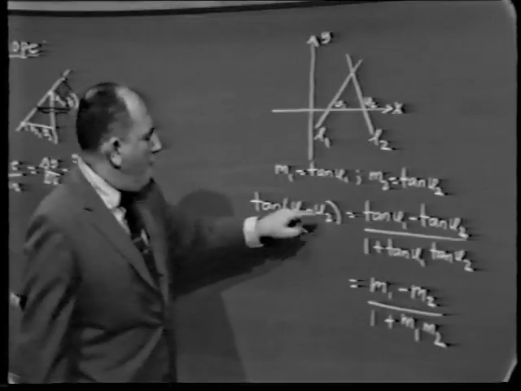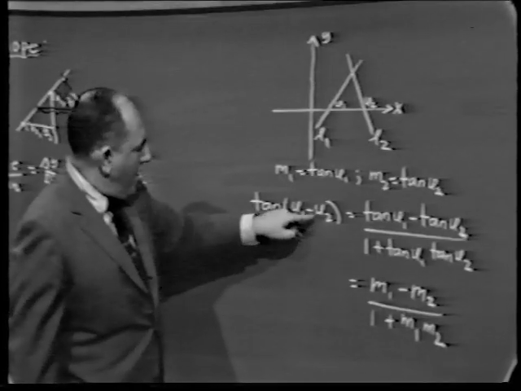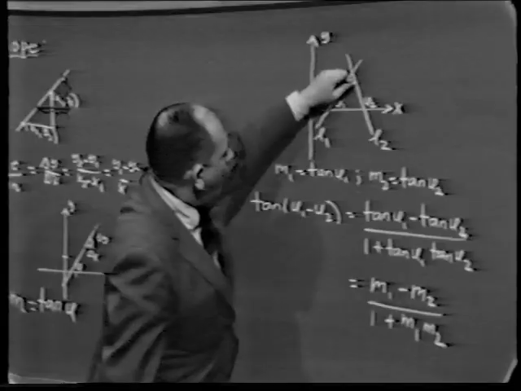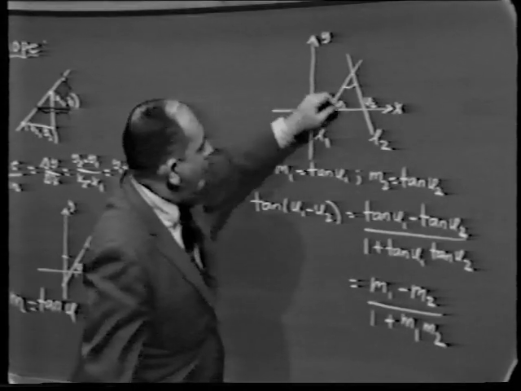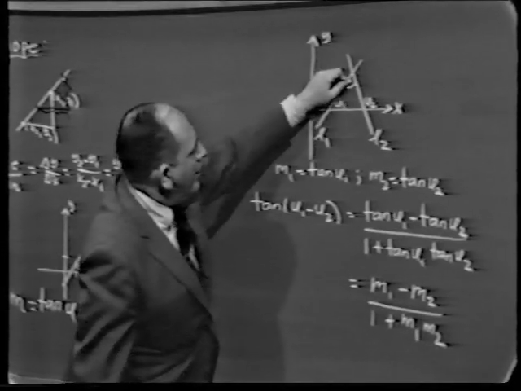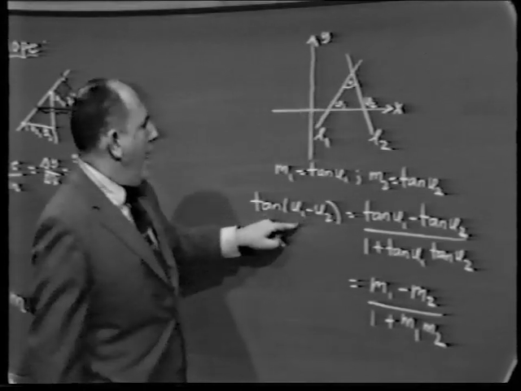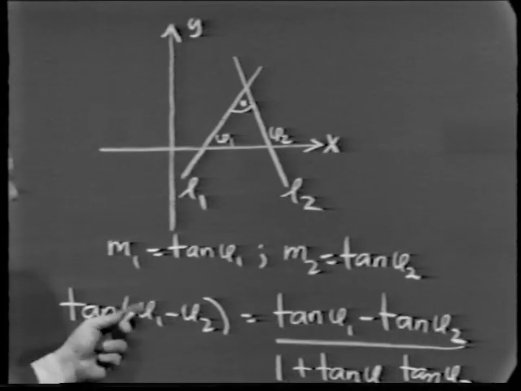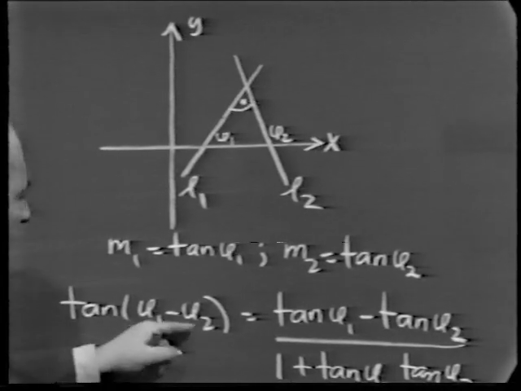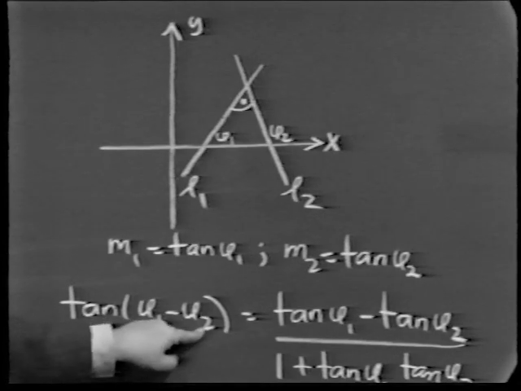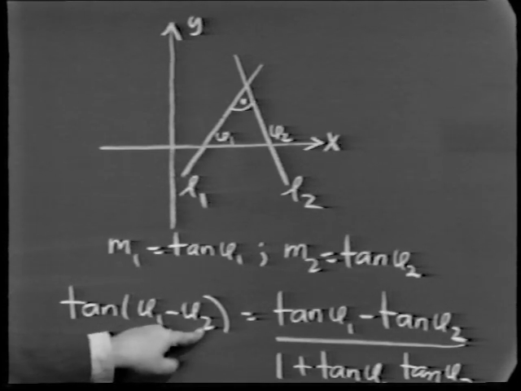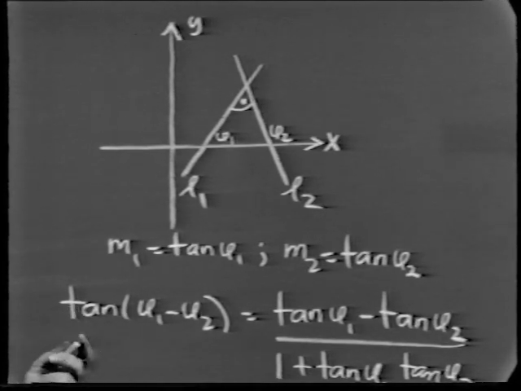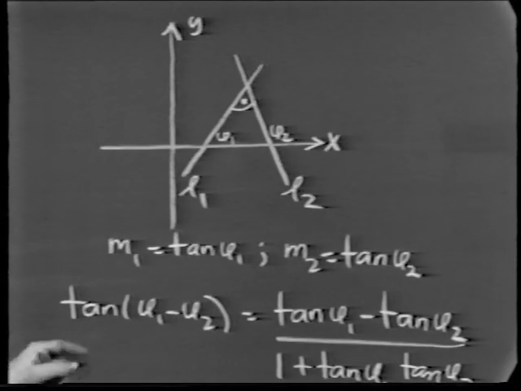Notice that our formula for the tangent of the difference of two angles, you see, notice that this angle here, since this angle is the sum of these two, is phi2 minus phi1, or the negative of phi1 minus phi2. I should have had this phi2 minus phi1, but since that just changes the sign, that will not have any bearing on the point I want to make. Let's continue this way.